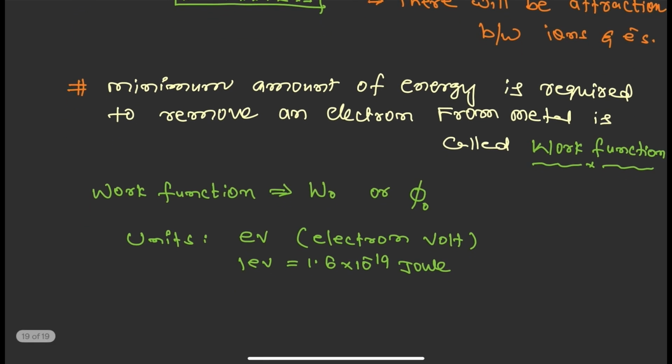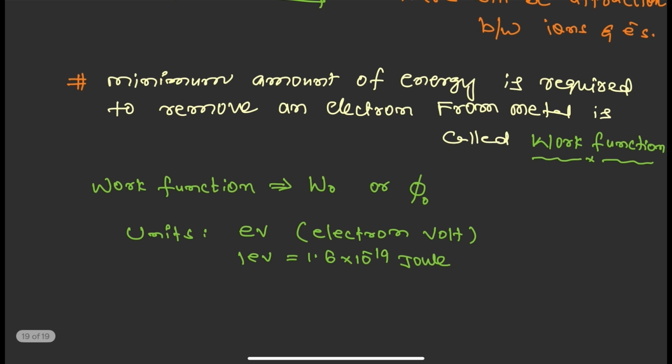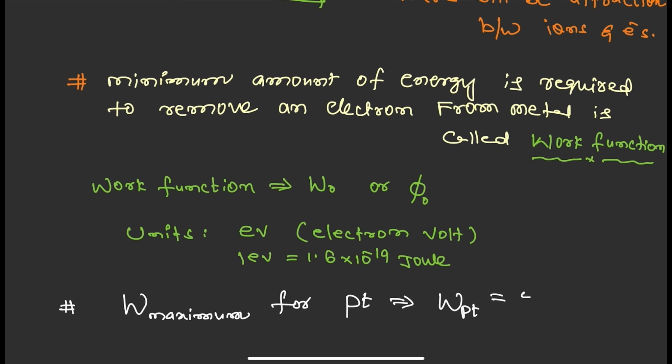Work function is maximum for platinum. The work function of platinum is equal to 5.65 electron volts.